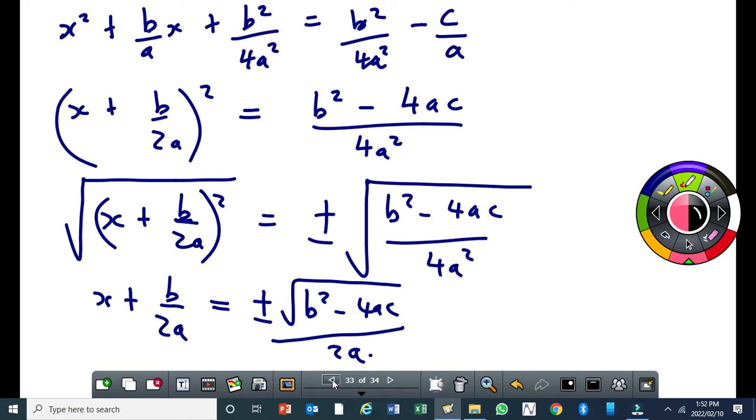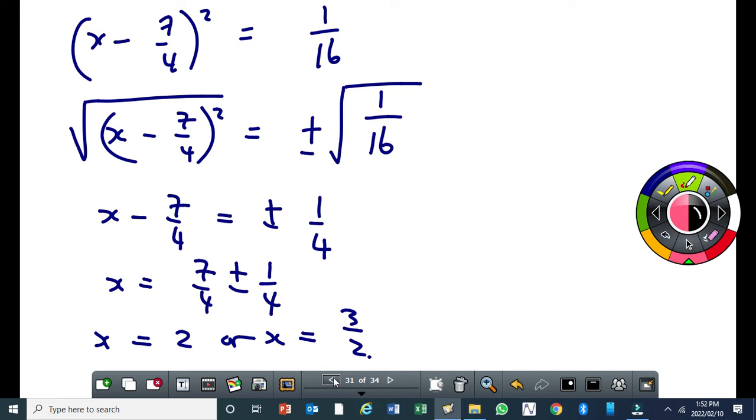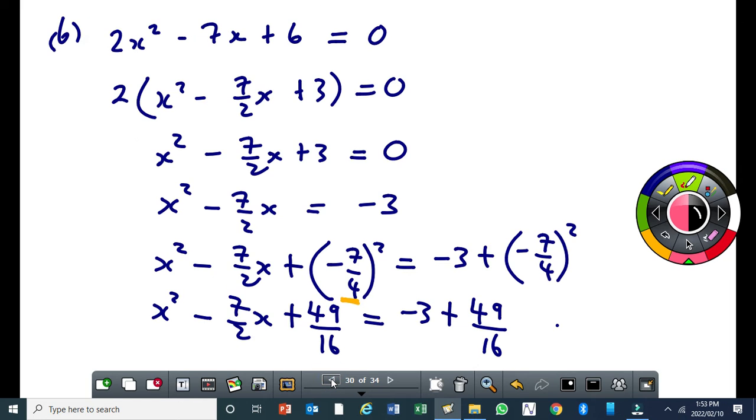Alright. So let's use this formula to solve quadratics. You can solve any quadratic equation. Let's just prove that you will get the same answer by utilizing the quadratic formula to solve some of the questions we have done. So I'm going to redo this question using the quadratic formula.